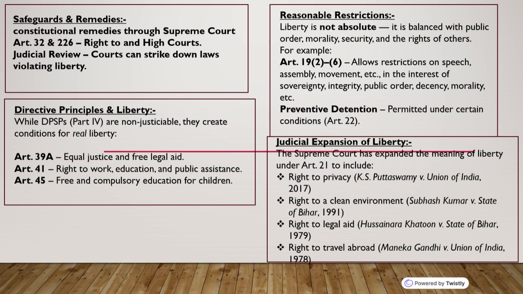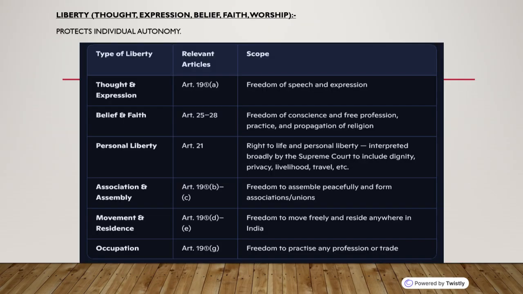Reasonable restrictions. Okay, so even though the constitution gives you the liberty of the above rights, that is, liberty of thought and expression, freedom of belief and faith, freedom of personal liberty, freedom of association and assembly.